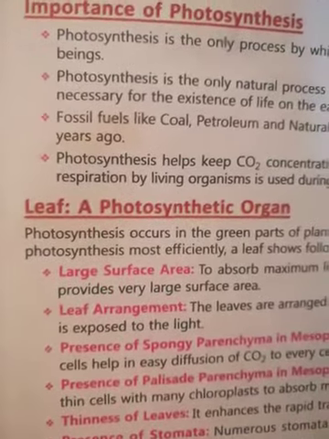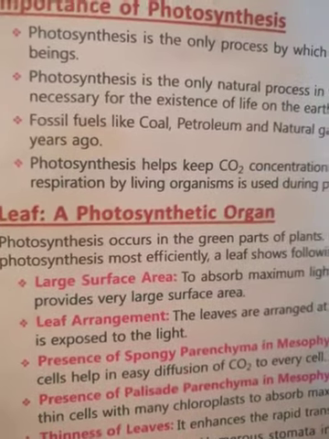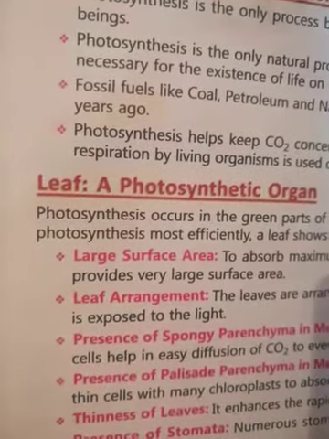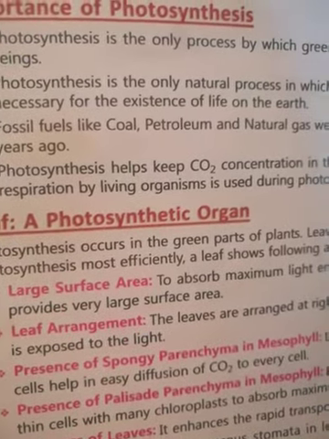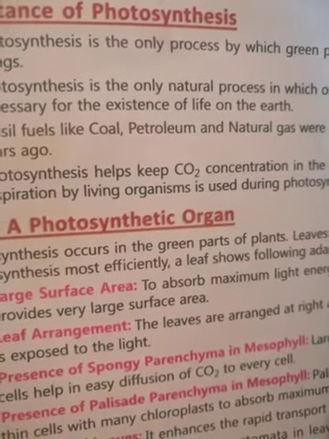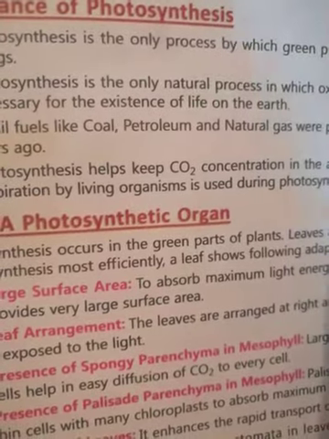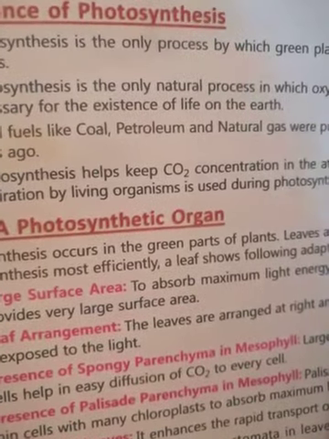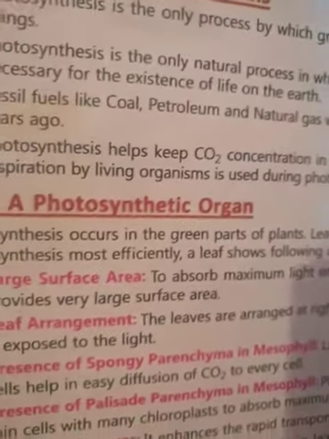Let's see next. Leaf, a photosynthetic organ. Though photosynthesis mainly occurs in leaves, in some plants where the whole body is green, the stem or branches also do this photosynthetic process.